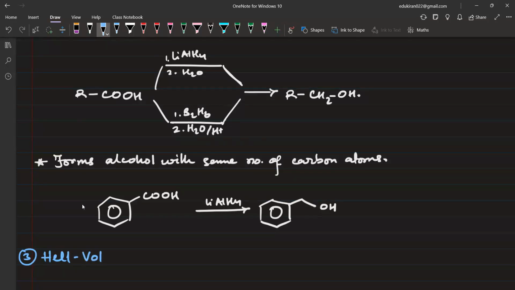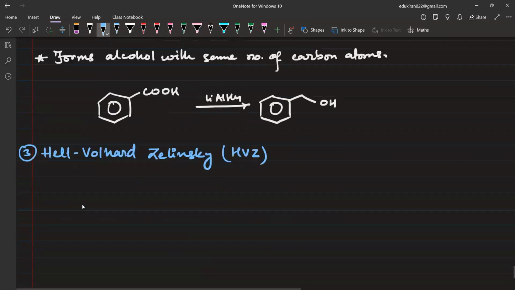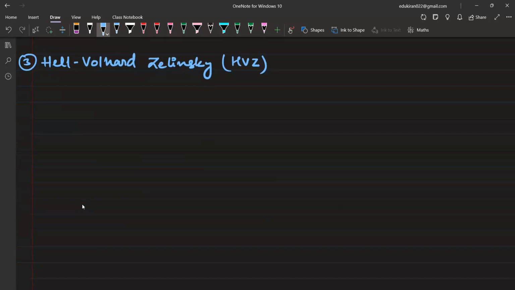Hell-Volhard-Zelinsky, that is HVZ. Now what happens in this reaction, we will first look at that, and then we will write what is happening. We have RCH2COOH.